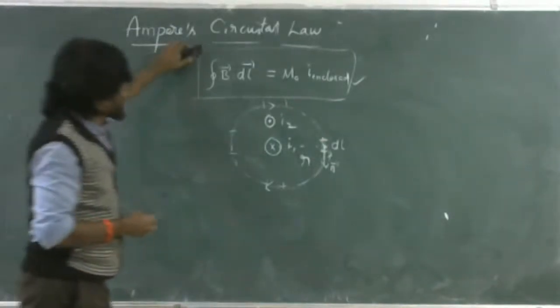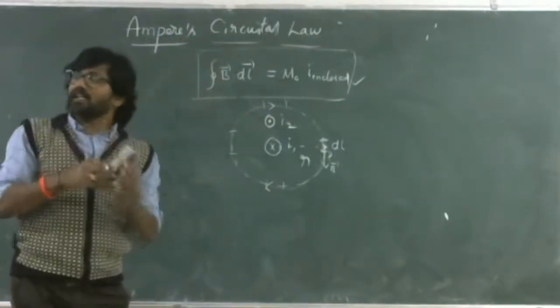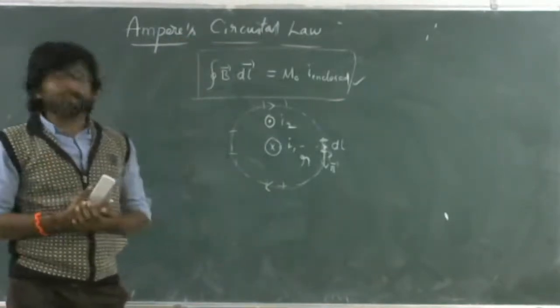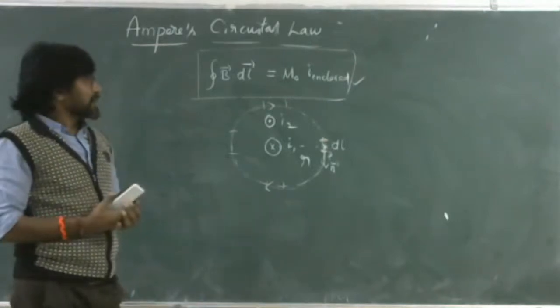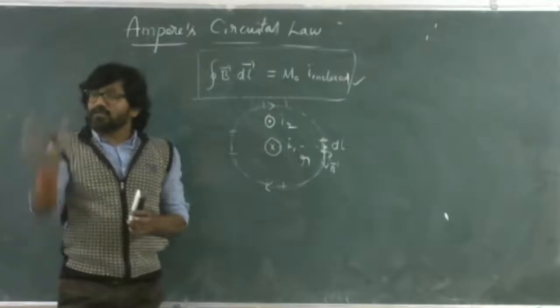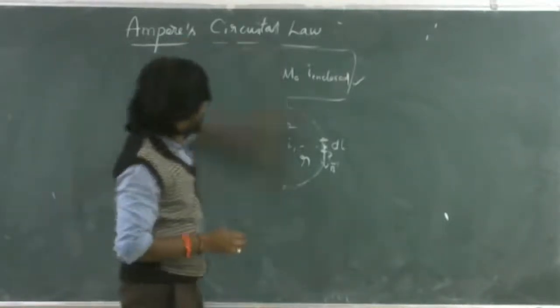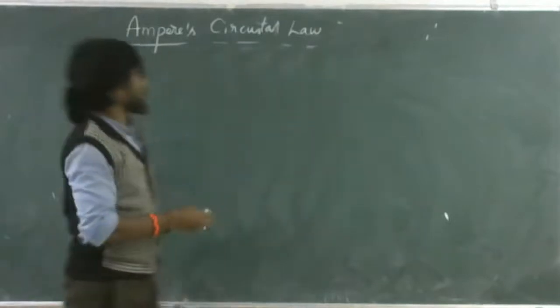Whereas by using this, how to find the magnetic field due to a straight current carrying wire? Another one is due to a cylindrical wire, a cylinder. So let us see one by one, then toroid we will see.